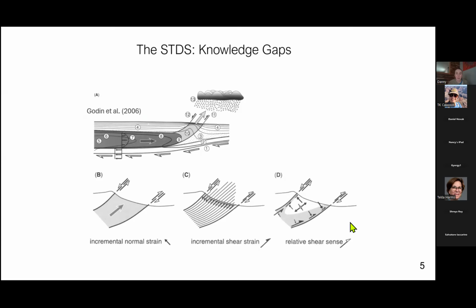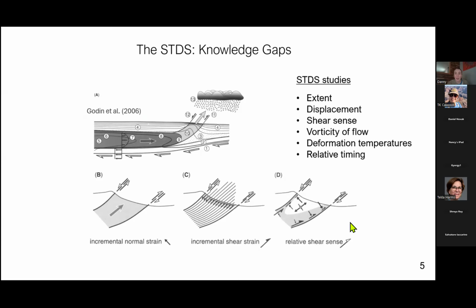This included several studies that looked at the South Tibetan Detachment System and tried to constrain its extent, the displacement along it, shear senses, the vorticity of flow, so pure and simple shear distribution, deformation temperatures, and also the relative timing of the detachment system with other processes in the mid-crust.